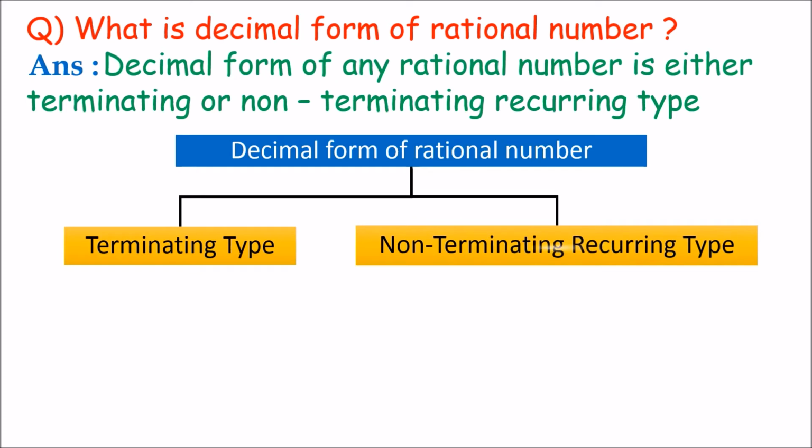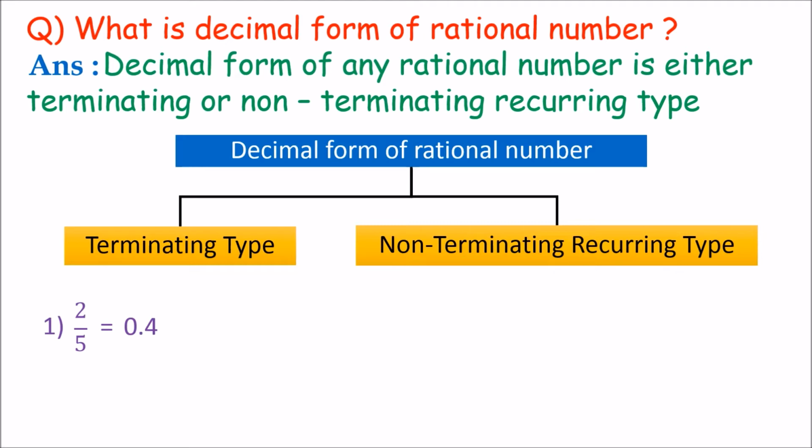First we will see examples of terminating type. You can see here we have a rational number 2 upon 5. It is a rational number, and when you divide 2 by 5, you will get 0.4. In this case the remainder is 0.